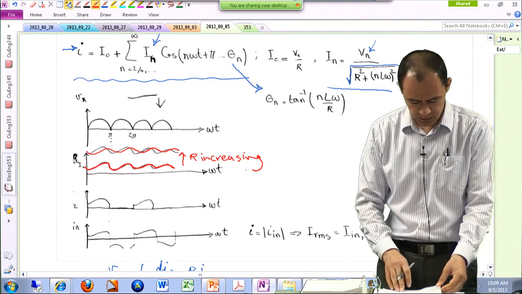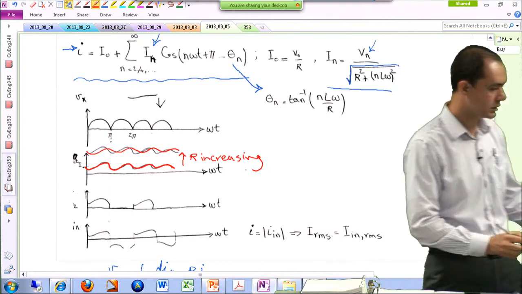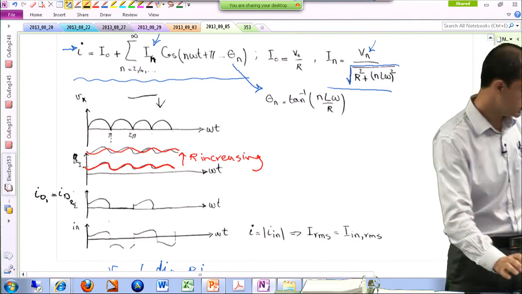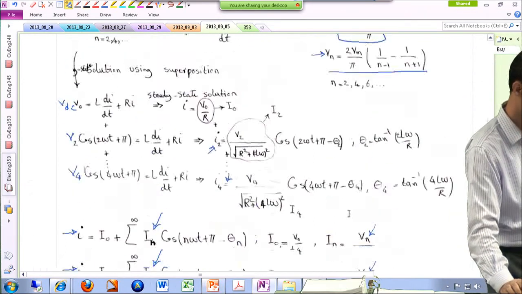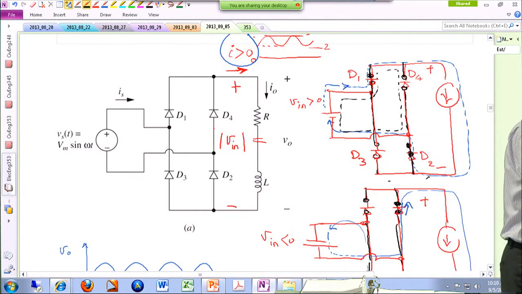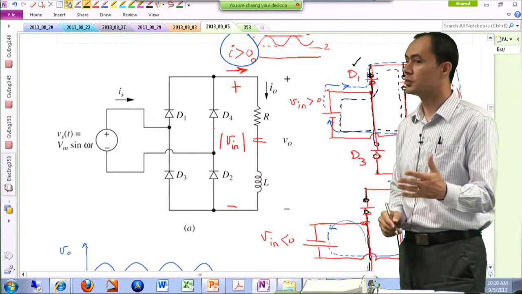If you are curious about the current of D1 and D2, for instance, first of all, let me make sure I'm using the same label that the book is using. D1 and D2 conduct together when the input voltage is positive.